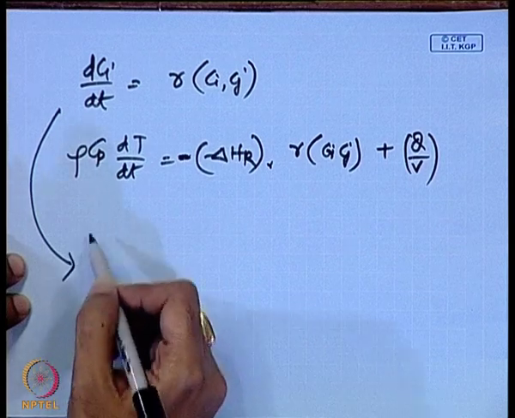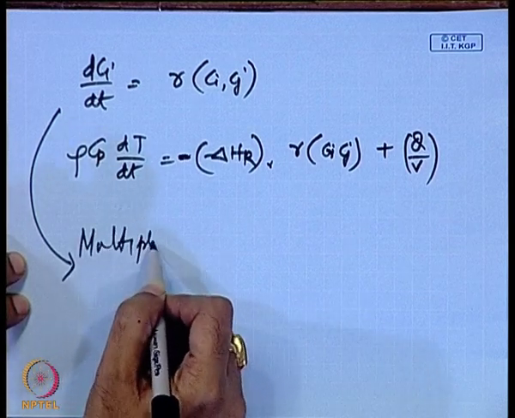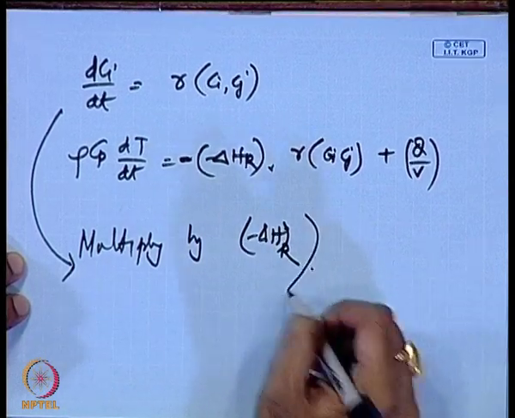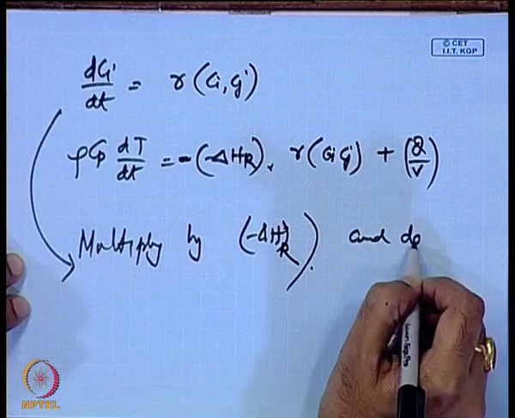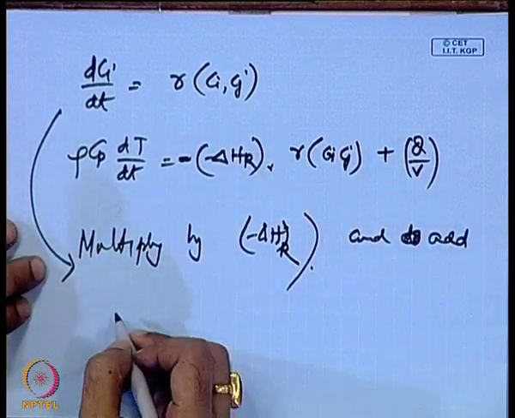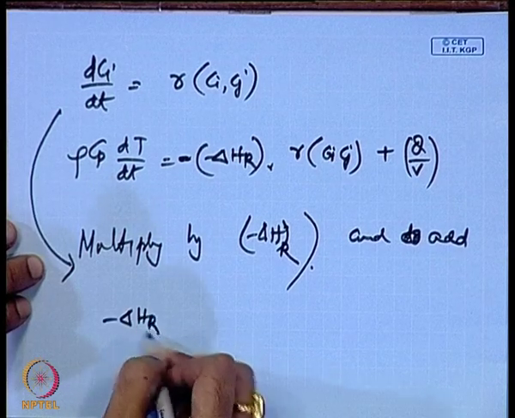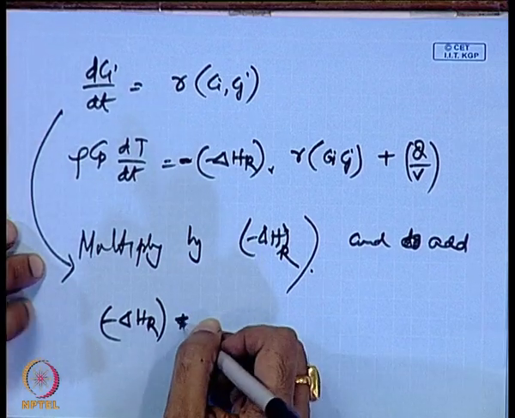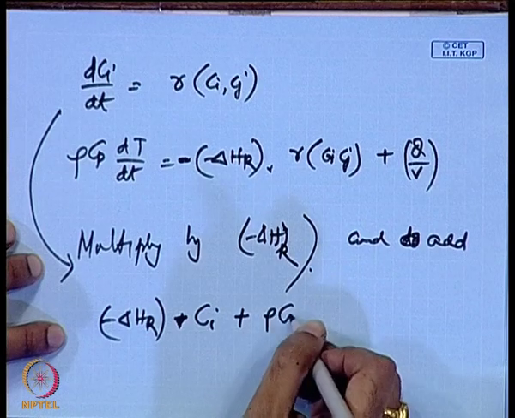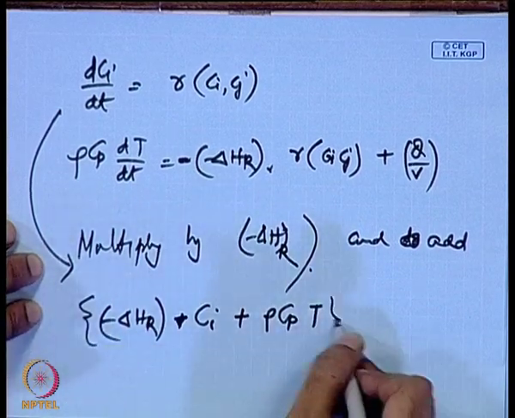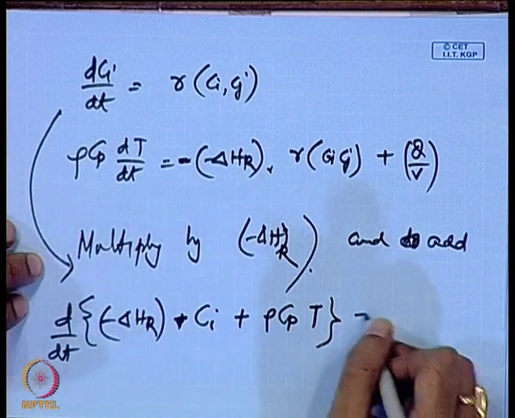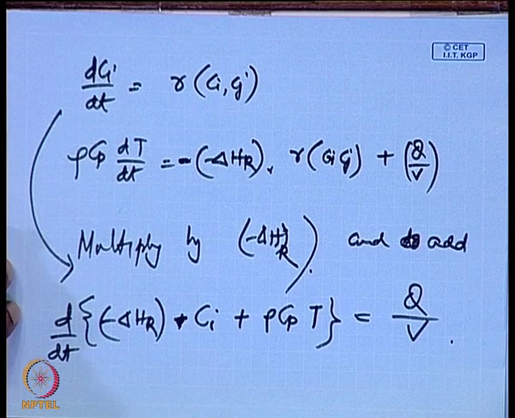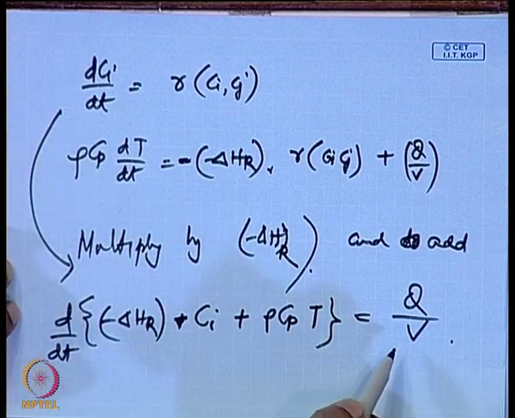Multiply by minus delta Hr and add, and what you get is d/dt of minus delta Hr times Ci plus rho Cp T equals Q over V. This is a constant, even if it is there.